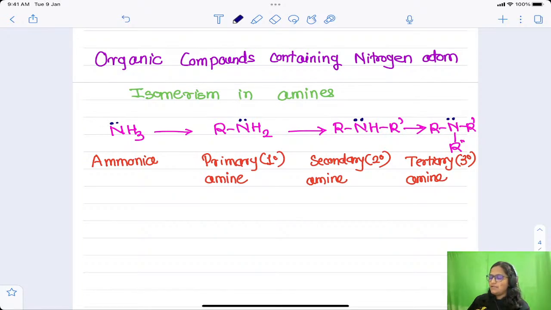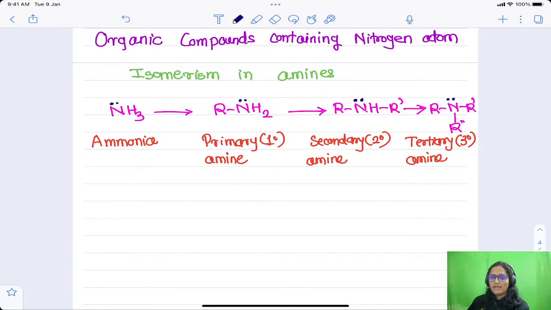Now we are going to see the isomerism present in amines one by one. First of all, what is the meaning of isomerism? Isomerism is nothing but the concept of having isomers. So what are isomers?